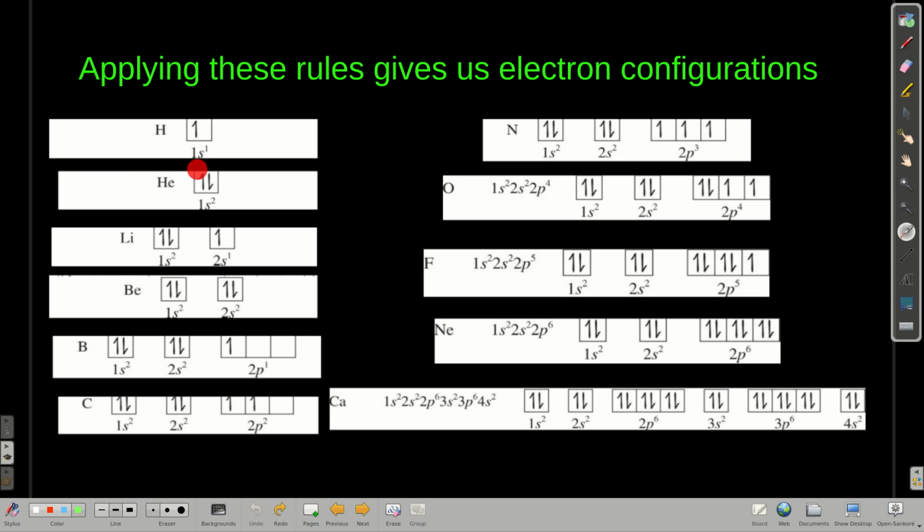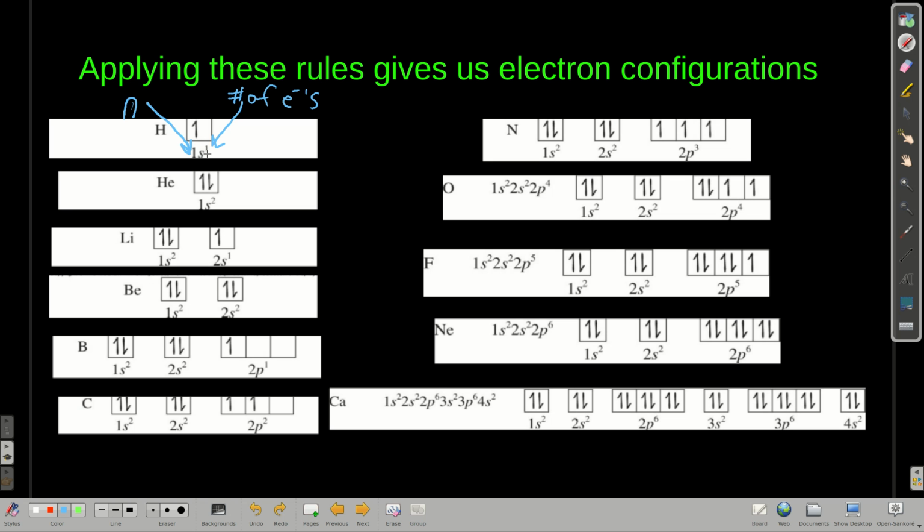Right down here, this is what we call electron configurations, 1s1. The 1 in front tells us the N. The S, the letter, tells us the subshell, and the superscript tells us the number of electrons in that subshell.